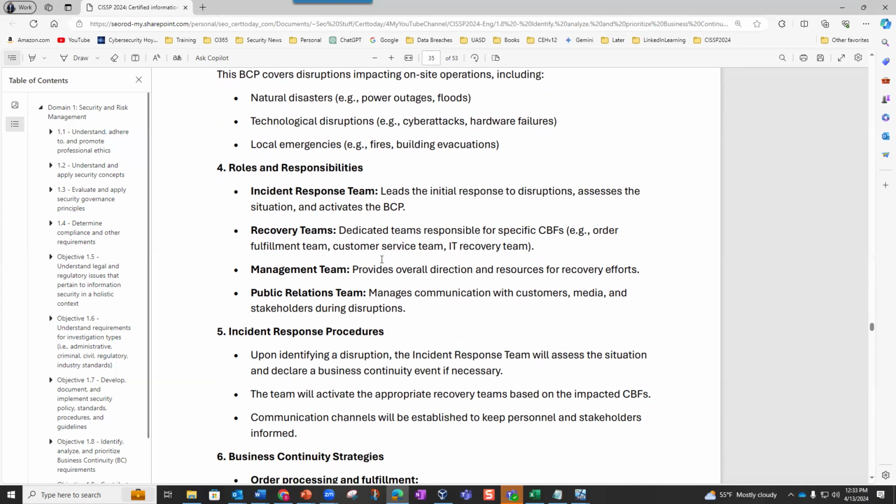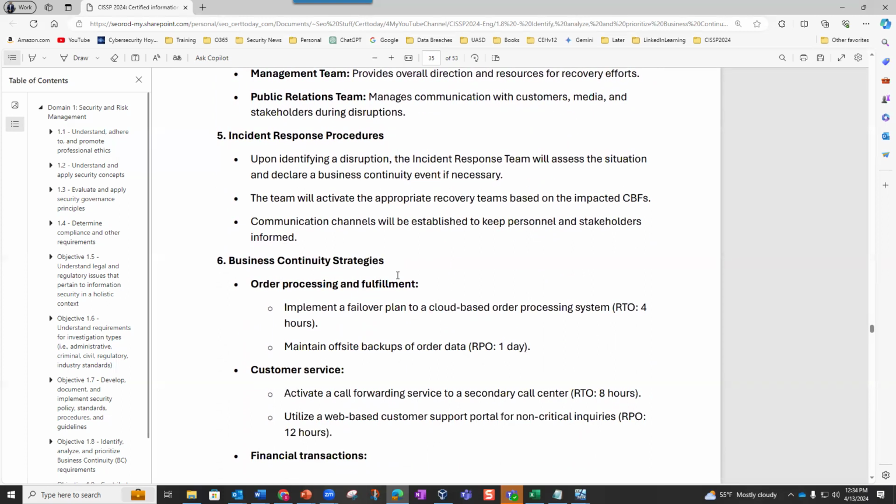5, incident response procedures. Upon identifying a disruption, the incident response team will assess the situation and declare a business continuity event if necessary. It is really important that it is identified clearly who is the person in charge of identifying there is actually a disruption and declaring the business continuity plan.